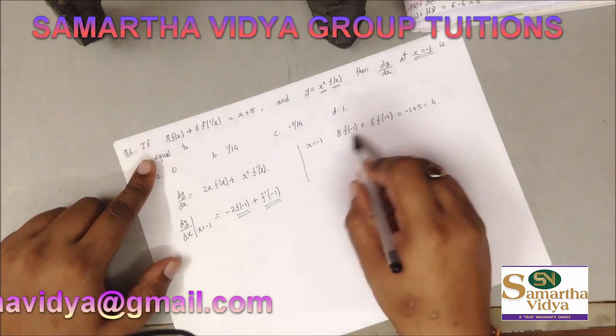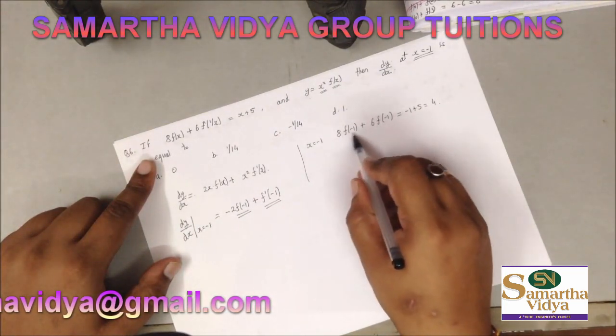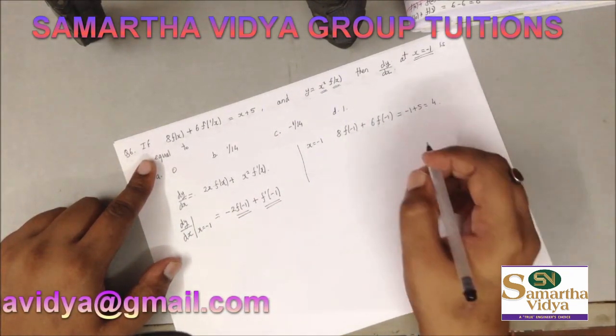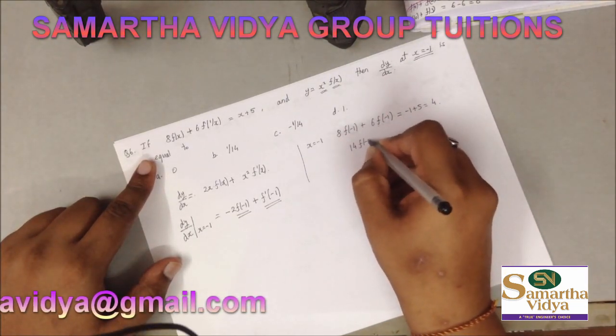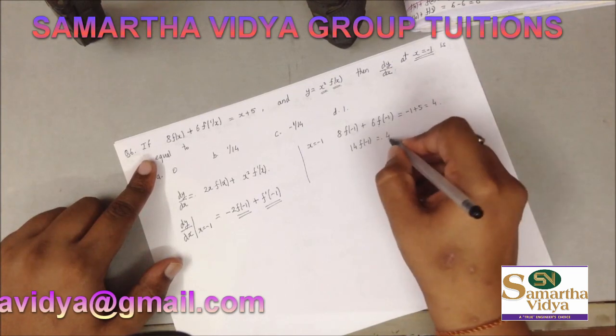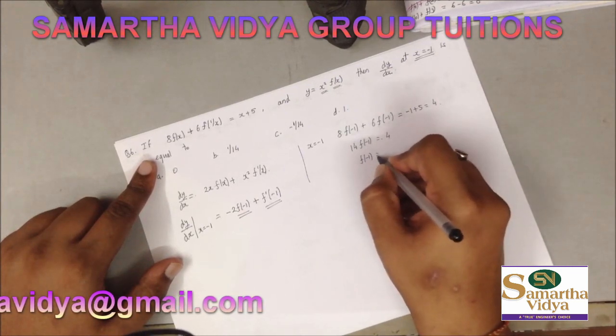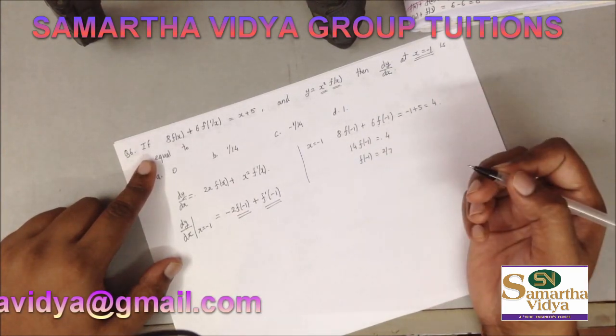So you add these two terms, because these two terms are the same, f of -1. You get 14 f of -1 is equal to 4. So f of -1 is 2 by 7.